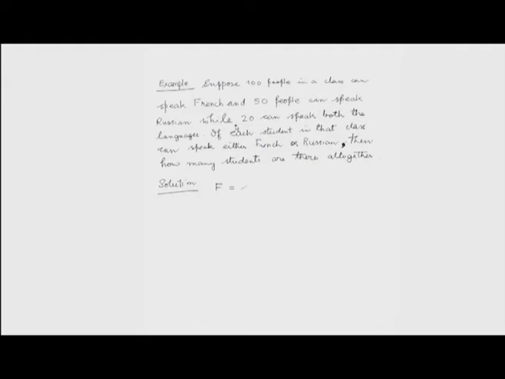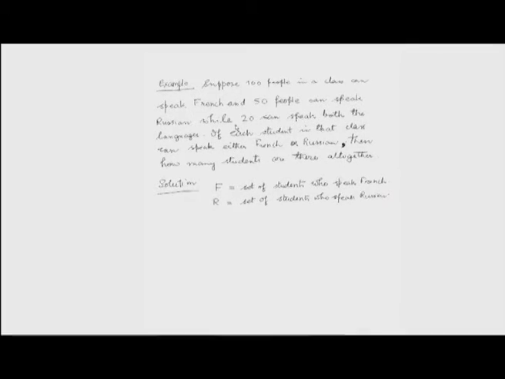Now, let us denote by F the set of students who speak French, and by R the set of students who speak Russian.